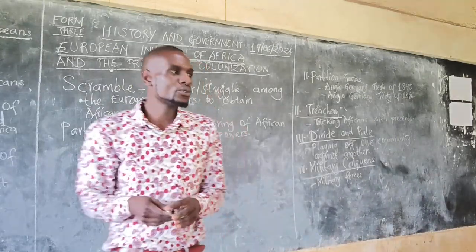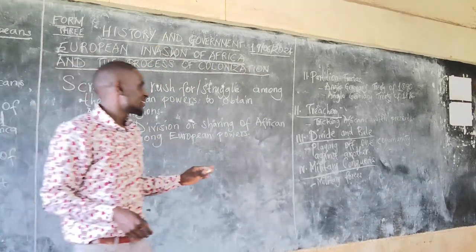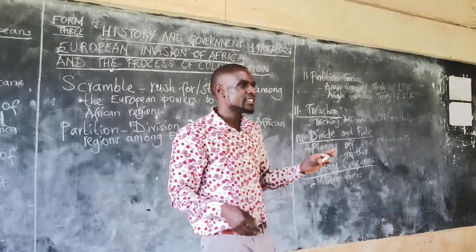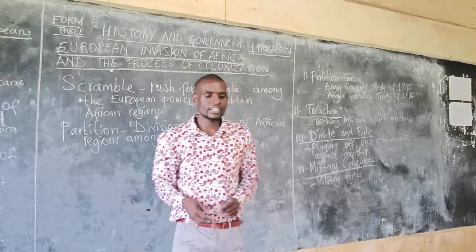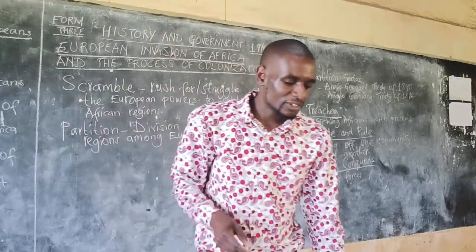The Europeans could bring in their own troops to crush the communities that were resisting their occupation of Africa. That is another method that was used by the Europeans to acquire colonies in Africa.